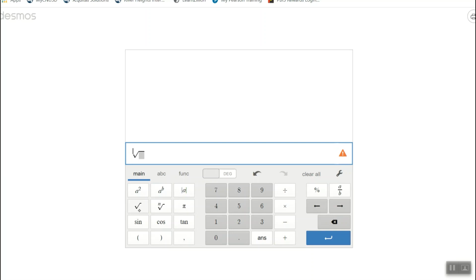If I press this button, that's going to be a square root. So I'm going to need the cubed root. So that's what you would put there. And then underneath the radical sign, this is where you have to be really, really specific. I'm going to use parentheses because I love me some parentheses.